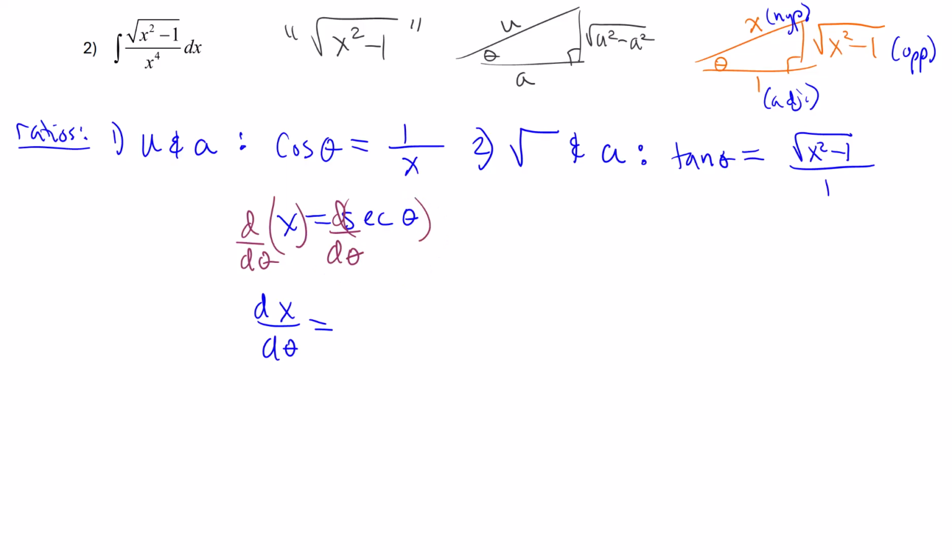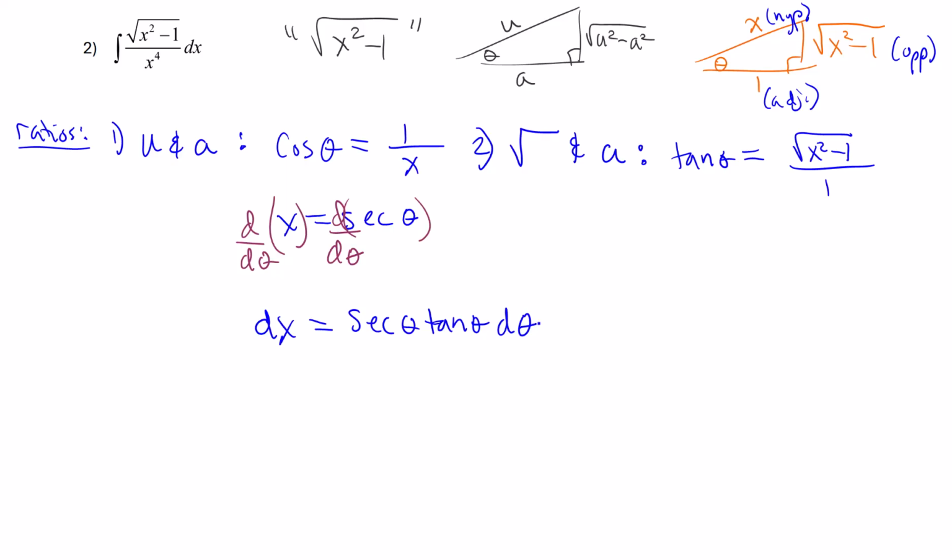Well, those variables match. They're talking the same language. That's just the derivative of secant, which happens to be secant tangent. So I want secant theta, tangent theta. And then in order to get dx in the picture, which is my motivation right now, so I can replace the original dx with something, I'm going to multiply both sides by d theta. So if we do that on both sides, we'll end up with dx equals secant theta tangent theta d theta.